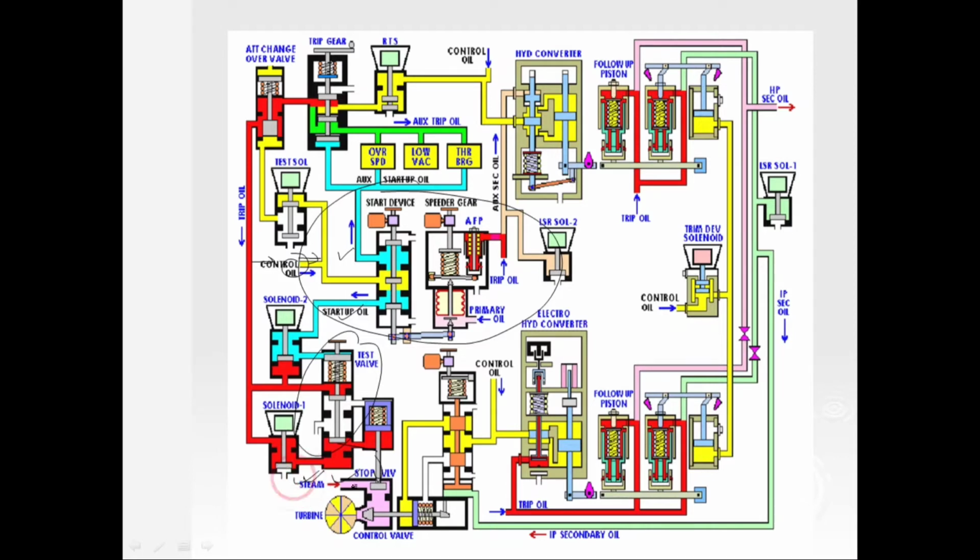Resetting of the stop valve is through startup oil generated from the bottom of the starting device. From the top of the starting device there is an oil called auxiliary startup oil. This auxiliary startup oil goes to the hydraulic protection devices, that is the main trip valve, overspeed trip valve, low vacuum trip device, and thrust bearing trip device, and resets them.